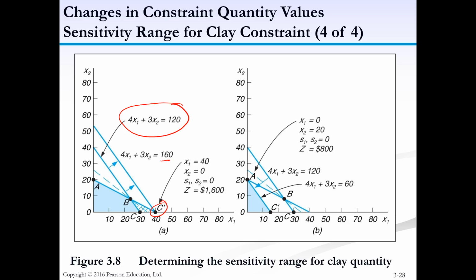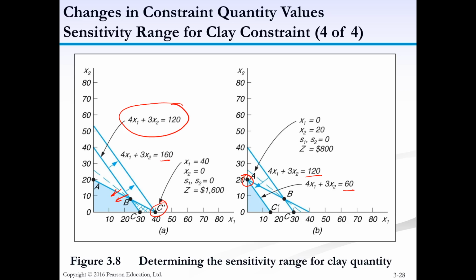So by increasing from 120 to 160, we will have a new point. Similarly, if we decrease the right hand side value from 120 to 60, we will have a new corner point as we move this constraint downward. B will start moving until it goes to point A, and here the coordinates are x1 is equal to 0, x2 is equal to 20.